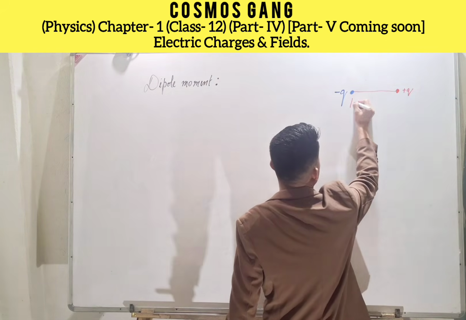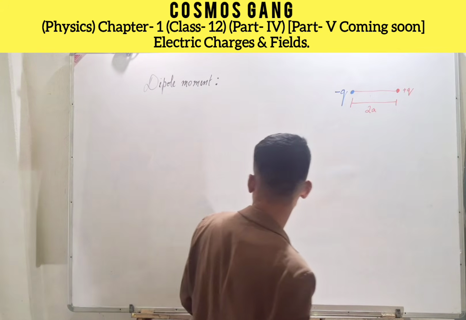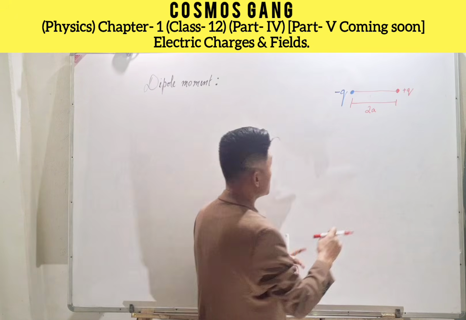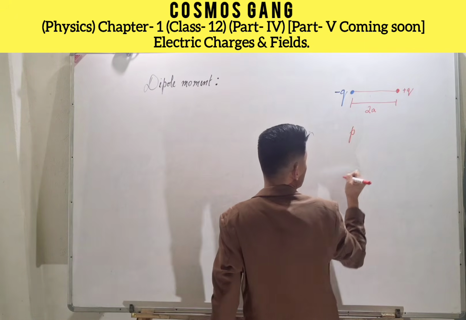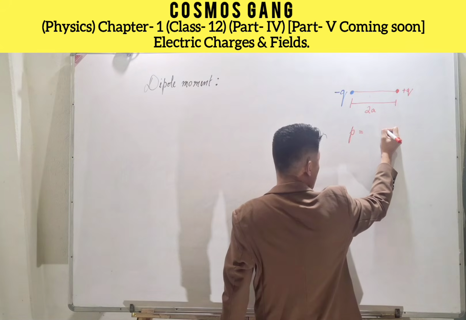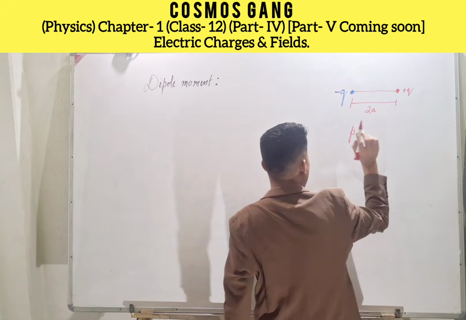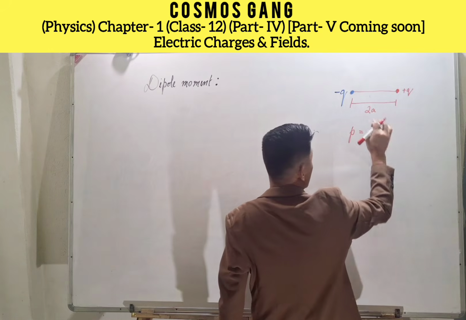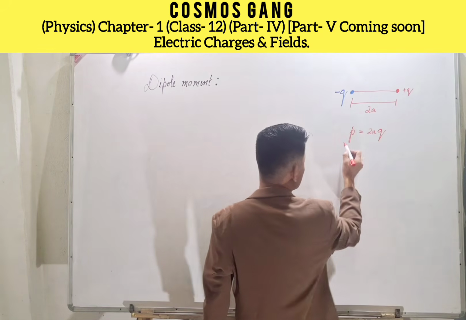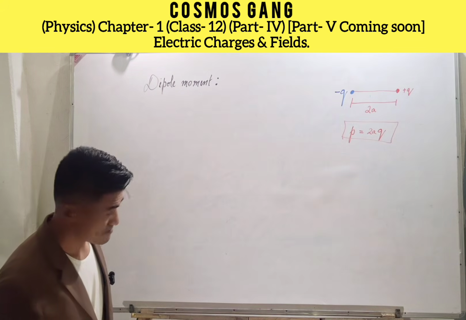The distance between them is 2a. So my dipole moment will be given by P equals the magnitude of either of the charges, that means not considering their sign, multiplied with the distance between them. So this gives me my dipole moment.